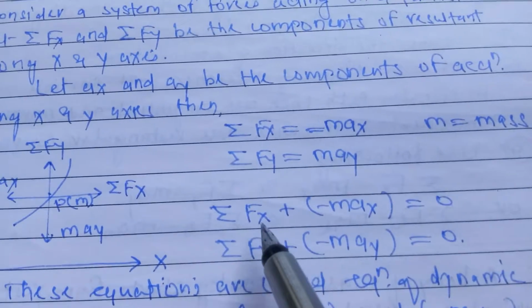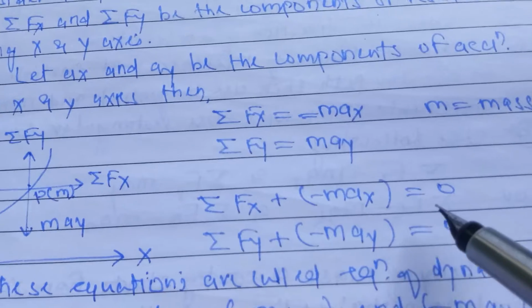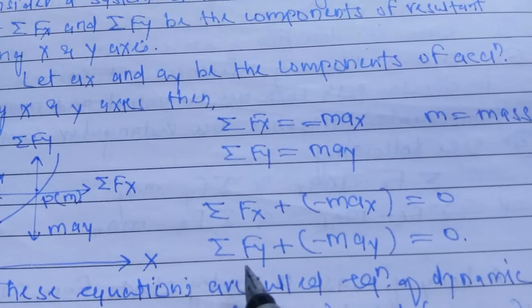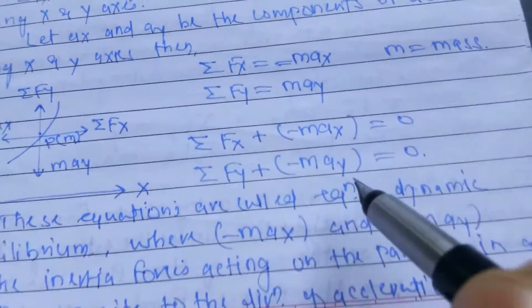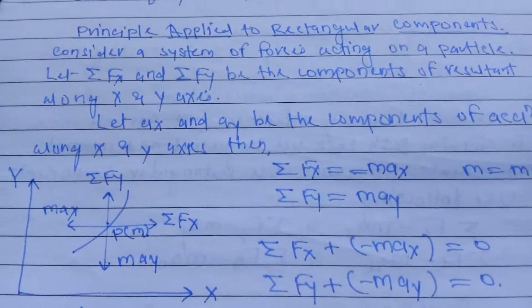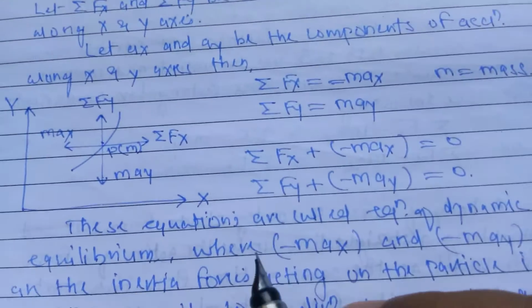So summation of Fx plus (minus m ax) equals 0, and summation of Fy plus (minus m ay) equals 0. This is the form which D'Alembert's principle takes in rectangular components.